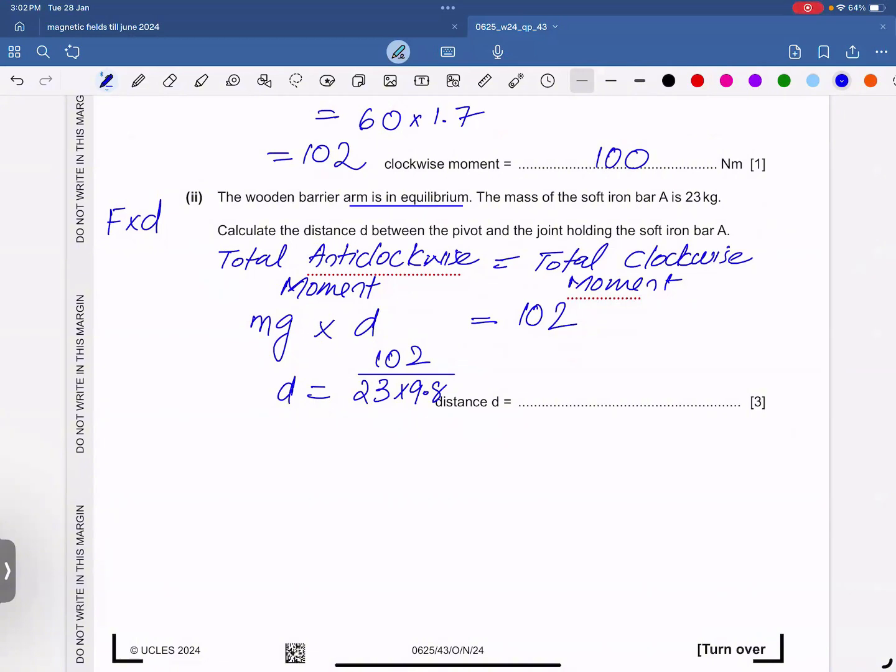Let's calculate: 102 divided by 23 times 9.81 gives us 0.4525. I'll round to two significant figures again, which is 0.45 meters.